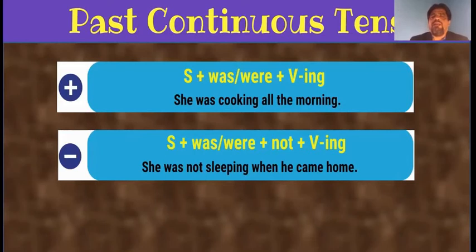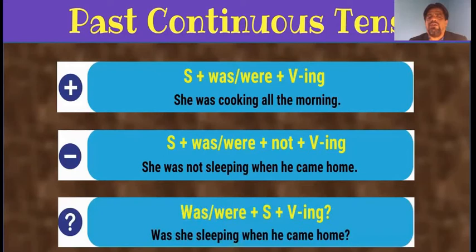And then let us see how we can use an interrogative sentence. Here we must use the helping verb in front of the subject, just like we tie a horse before a cart, or a bull before a bullock cart. So, was she sleeping when he came home?